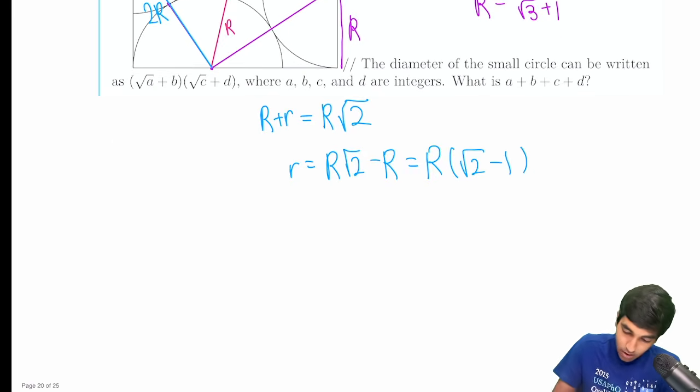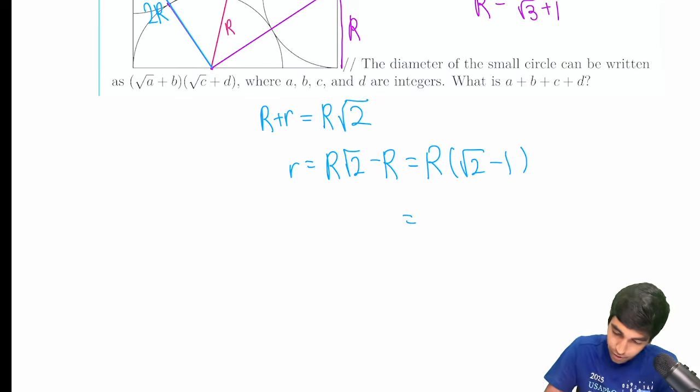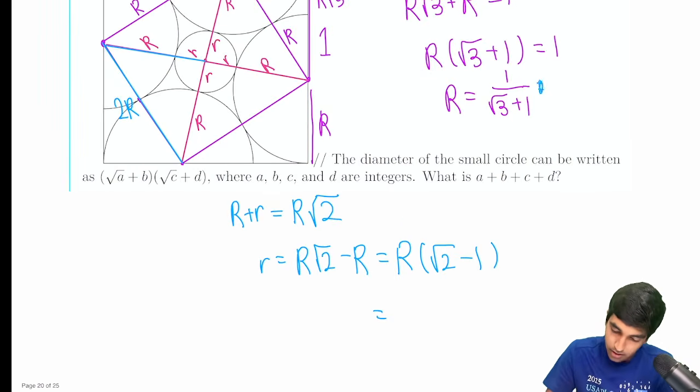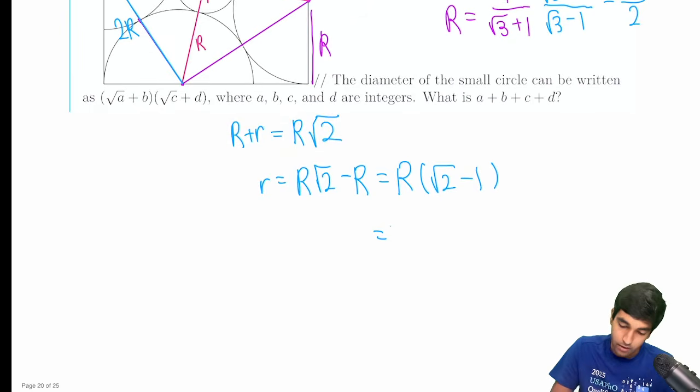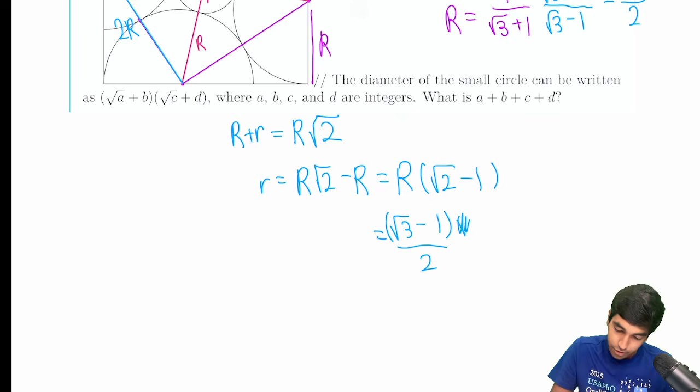Let's first find big R. Let's rationalize it: multiply by root 3 minus 1 over root 3 minus 1. The denominator becomes 3 minus 1, that's 2, and the numerator becomes root 3 minus 1, so R is root 3 minus 1 over 2. That means this is going to be the radius of the smaller circle.